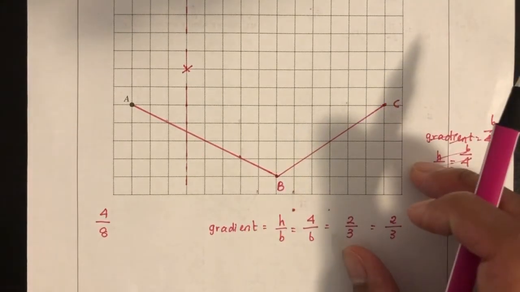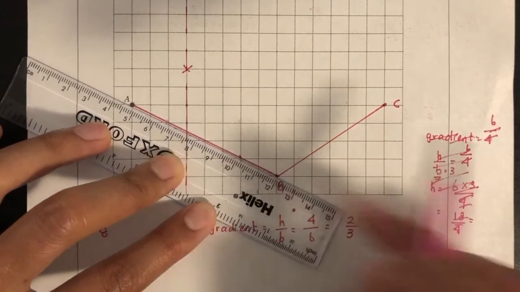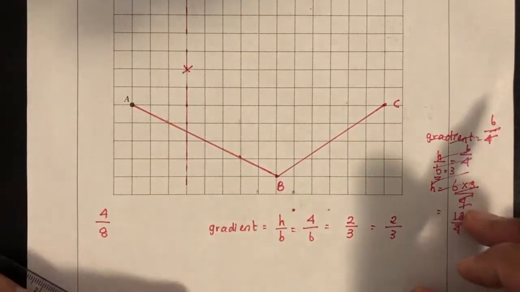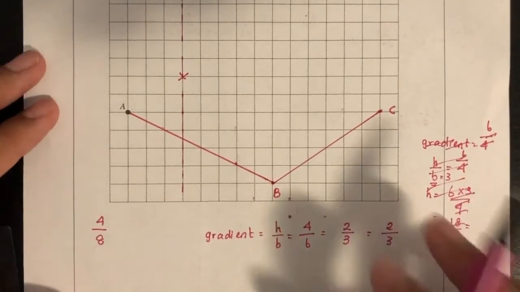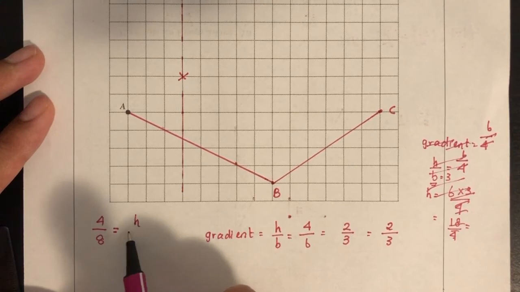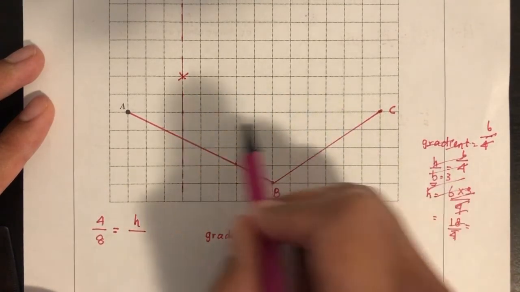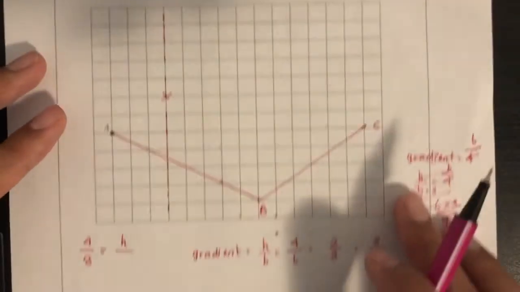Now we have to find the same position, the same gradient from the point C. So the point C going to this will be what? Is equal to the height we do not know. We know the base is equal to C to this, which is actually given by minus 11, so it's 11.